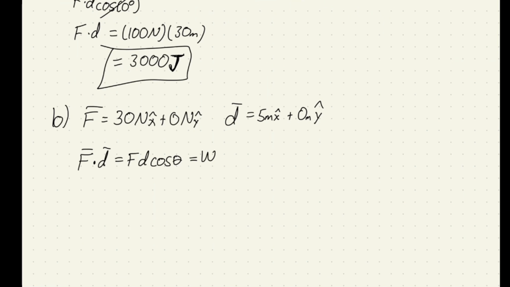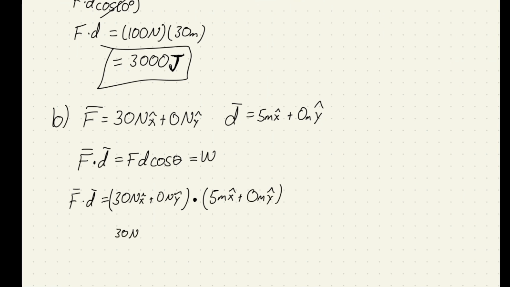So my force vector dotted into my displacement vector is going to be 30 newtons in the x-hat plus 0 newtons in the y-hat, dotted into 5 meters in the x-hat plus 0 meters in the y-hat. My dot product says multiply my x stuff together.